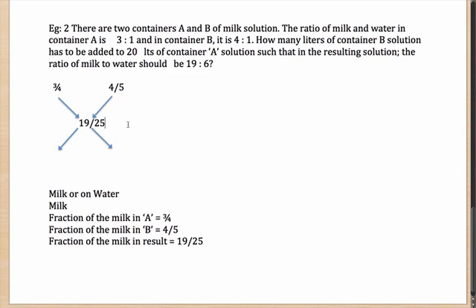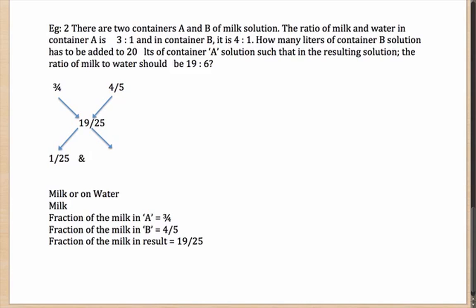Now, to get the ratio of the quantities, what do I need to do? The first quantity will be 4/5 minus 19/25. How much does this come out as? Well, this becomes 20 by 25 minus 19 by 25, which comes out as 1 by 25.